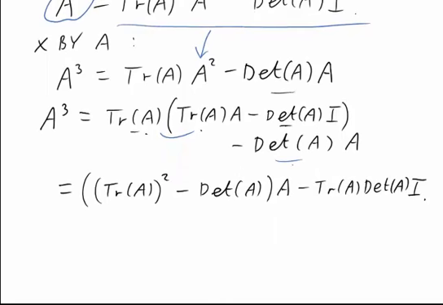In doing this, we have successfully written A cubed in terms of A and I. In principle, there's nothing to stop us doing it again.